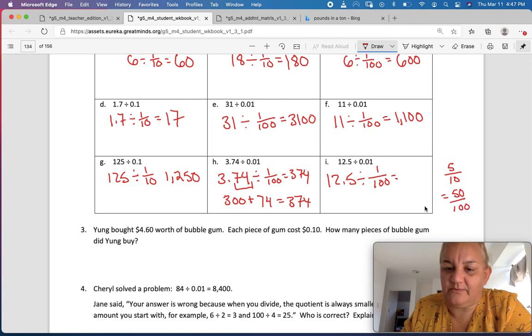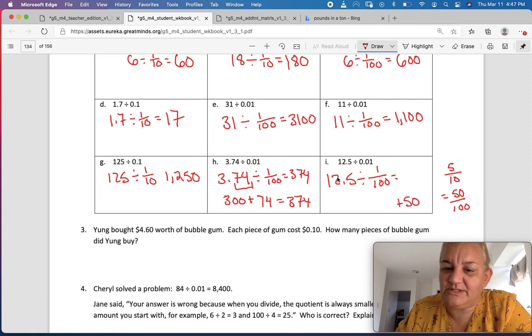Okay, so 50 there. So 1/100th would go in there 50 times.